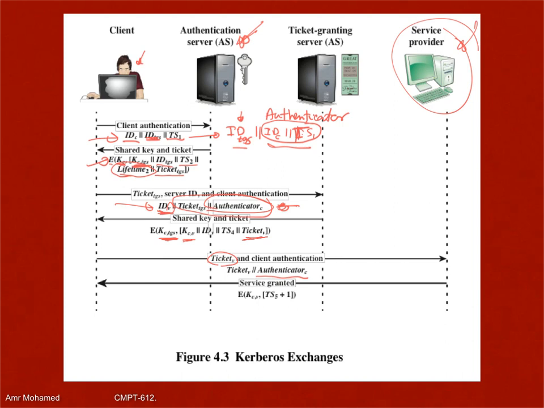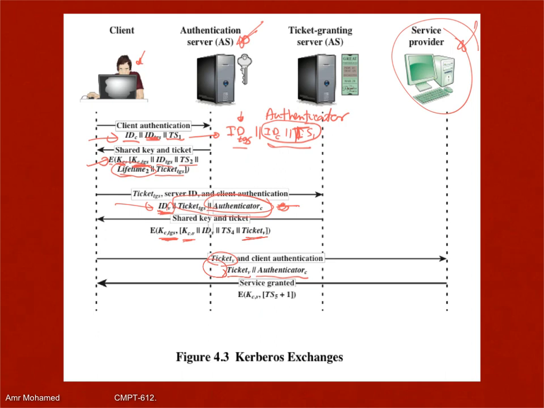Based on that, you want to now communicate with V, so you can just authenticate yourself to V. So we don't have to communicate with any other service provider, but you can present yourself to this service provider by the ticket and the authenticator.